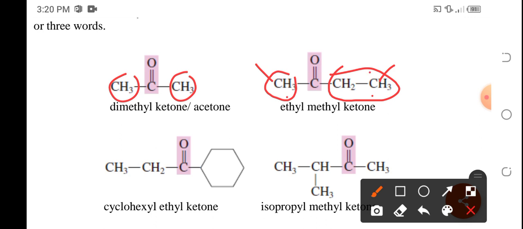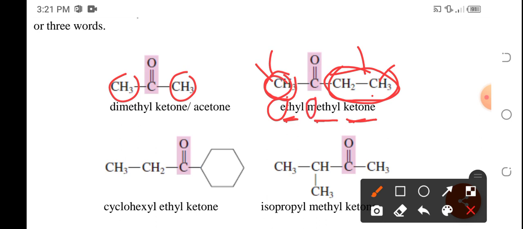For this case, this is ethyl and this side is methyl, plus the word ketone. If the alkyl groups attached on the carbonyl are not the same, we come up with three words for its common name. So it is ethyl methyl ketone. Again, the names of the alkyl groups are arranged alphabetically.